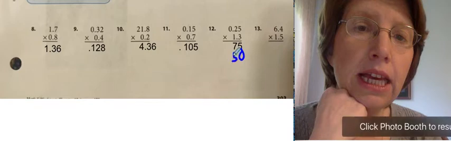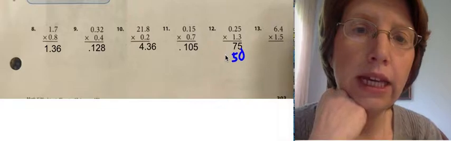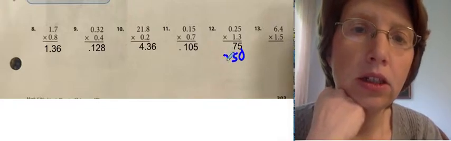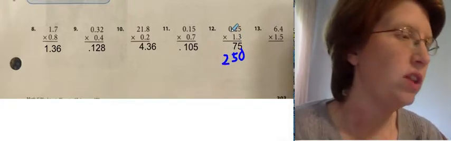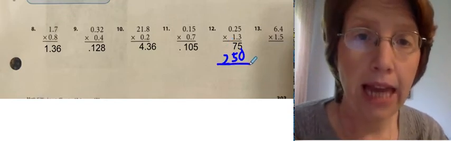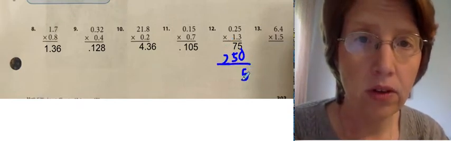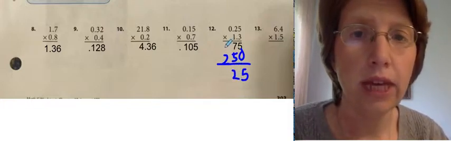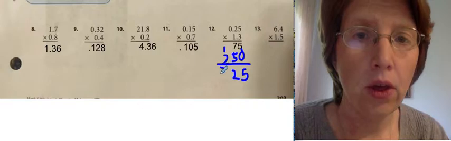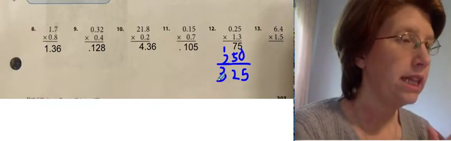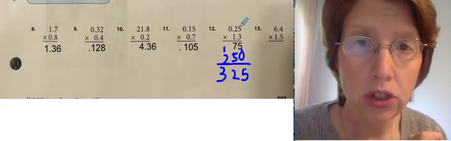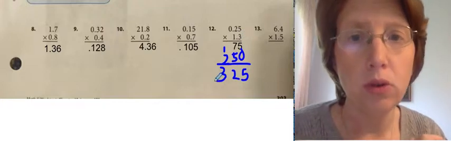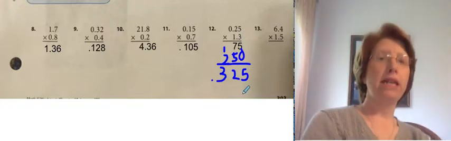Now we go 1 times 5 is 5. 1 times 2 is 2. And I don't need to do that 1 times 0. I'm going to add and I get 5. 7 plus 5 is 12. Carry my 1. 325. Don't forget the decimals. Go up here. 1, 2, 3 numbers behind a decimal. 3 numbers behind a decimal.